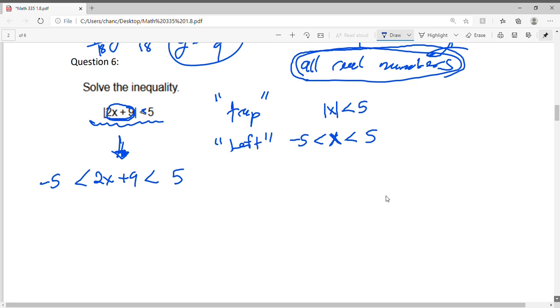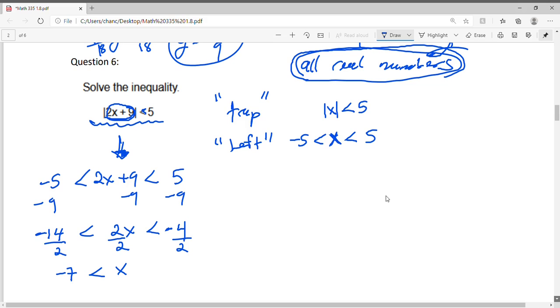Now we have 2x plus 9 is trapped between negative 5 and 5. Let's subtract 9 from all three sides. We have negative 14 is less than 2x, and that's less than negative 4. Let's divide all three parts by 2 now. Negative 7 is less than x, and that's less than negative 2.